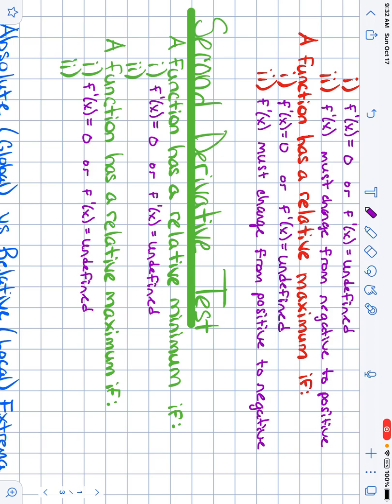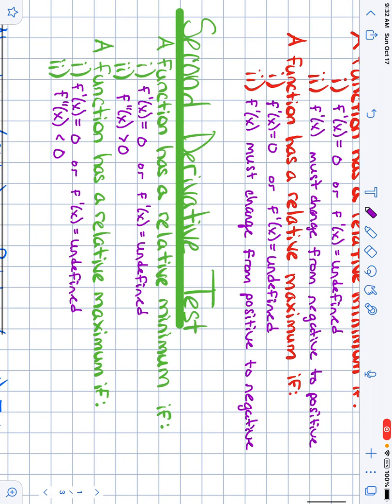So the second derivative must be greater than 0. That makes the function concave up, and at that critical number there will be a relative minimum. The other way around, the second derivative would be negative, meaning the original function would be concave down, making that critical number a relative maximum. Okay, that's a good review.